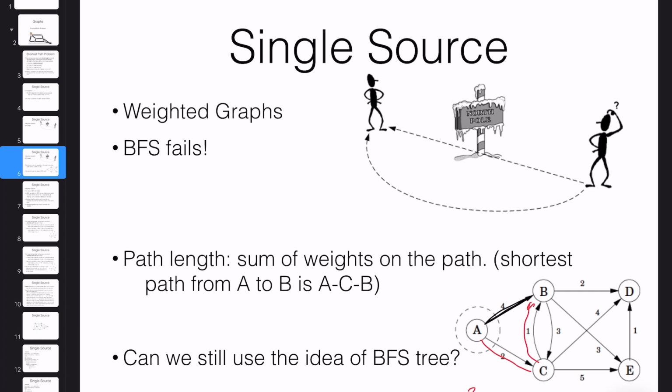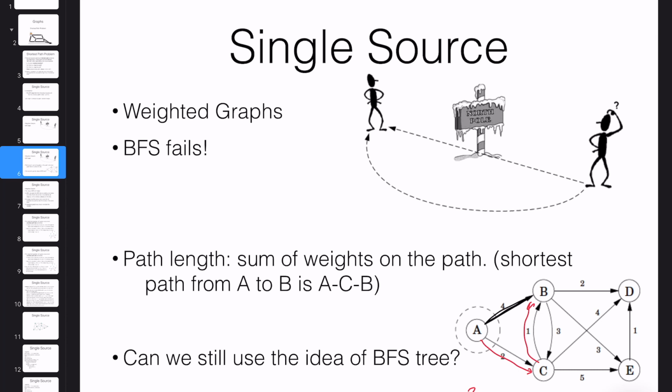So over weighted graphs, the cost of each path is going to be the summation of the cost of all the edges along that path. So although the BFS is going to fail in this case, it's not going to give me the minimum shortest path.